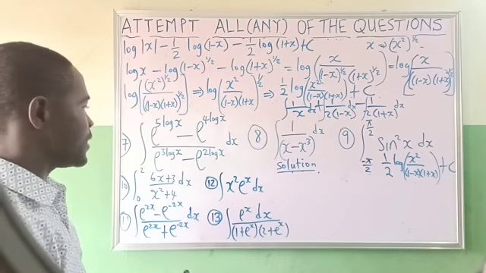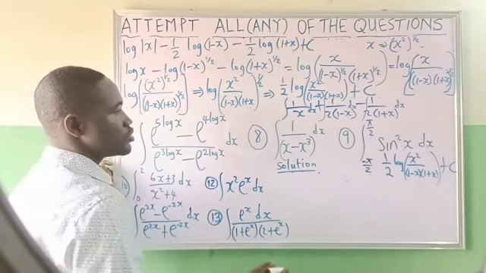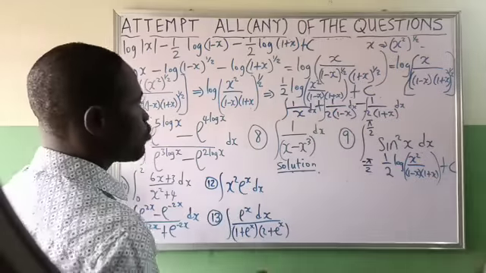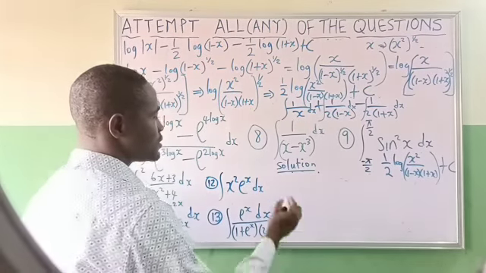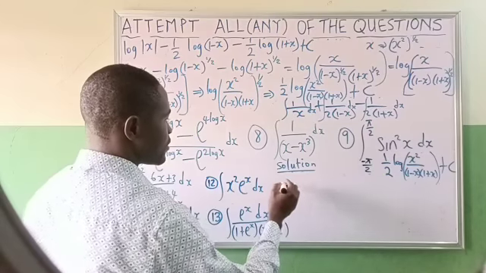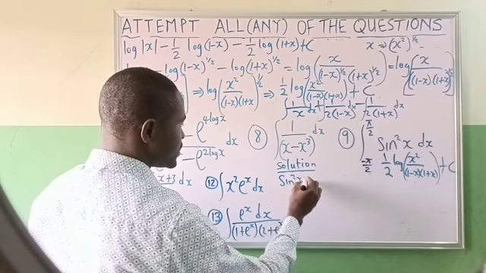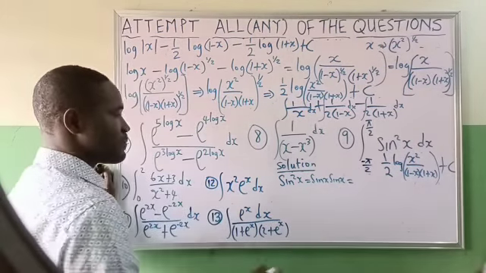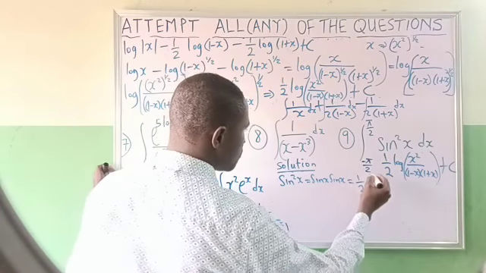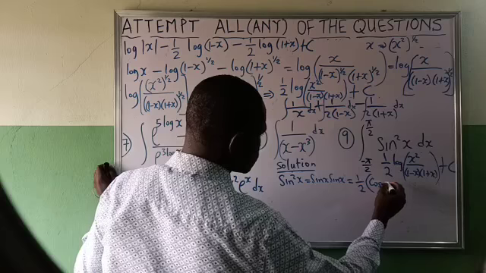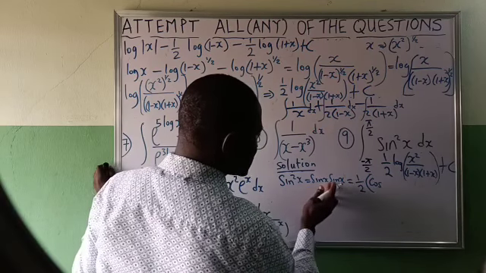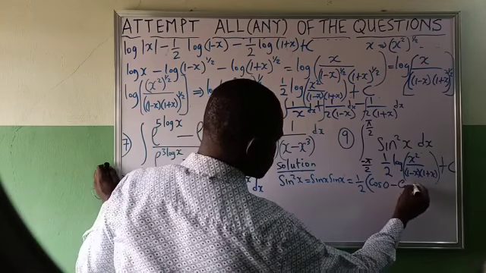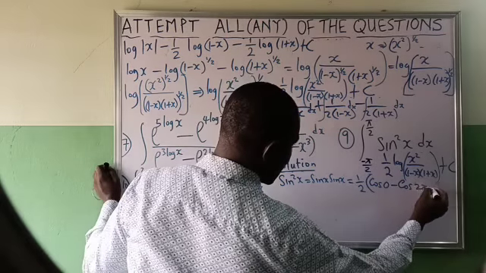Then we go to question number 9. It is important to note from trigonometry that sine squared x is something as sine x, and it's the same thing as 1 over 2 bracket cos x minus x, 0 minus cos x plus x, 2x.